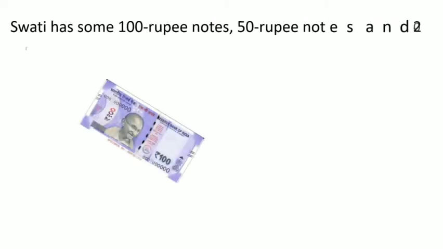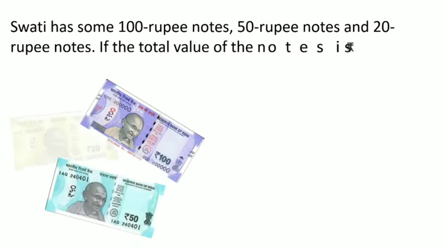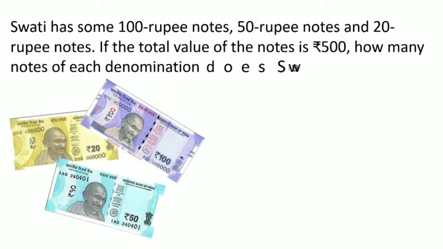Next sum. Swati has some 100 rupees notes, 50 rupees notes and 20 rupees notes. If the total value of the notes is rupees 500, how many notes of each denomination does Swati have?